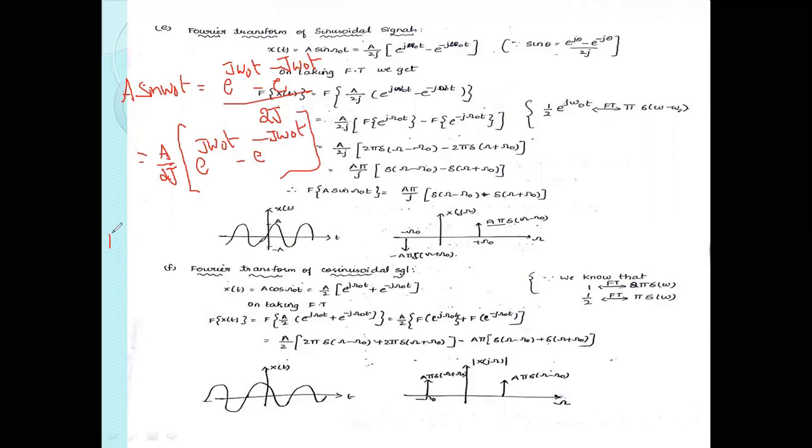and apply the Fourier transformation on both sides. The Fourier transformation of A sine omega naught t is equal to A by 2j, a common factor, into the Fourier transformation of e power j omega naught t minus the Fourier transformation of e power minus j omega naught t.